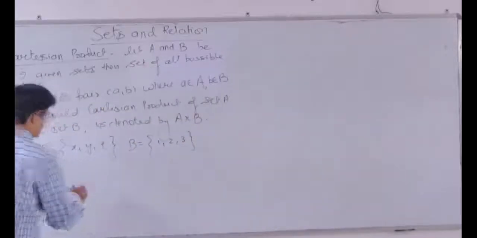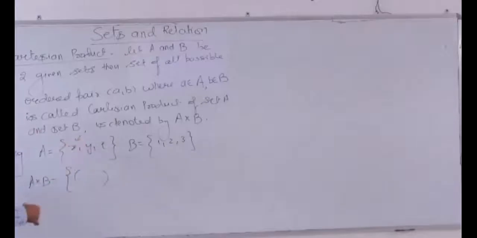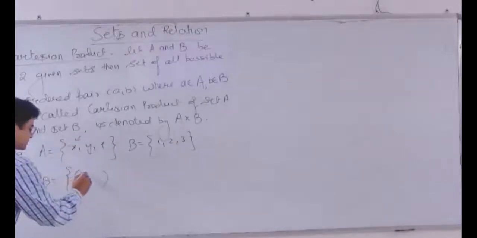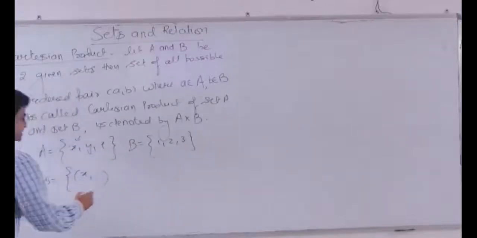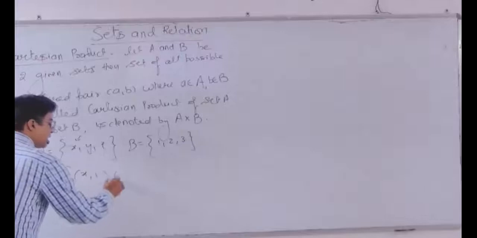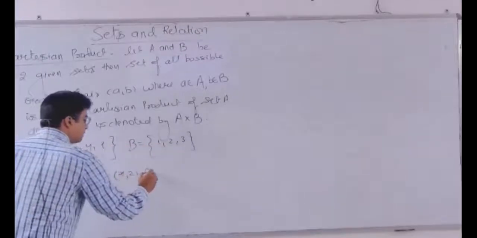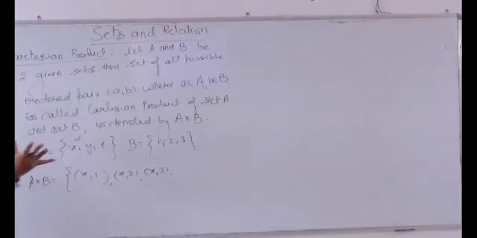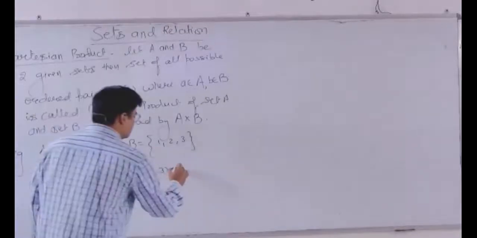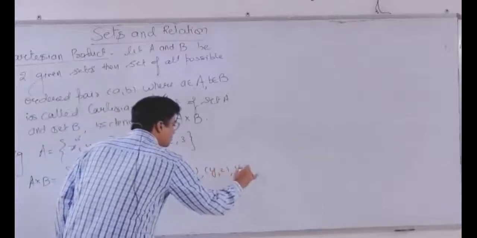So if I start writing ordered pairs, the first entry comes from set A, let's say I choose x. Then the second entry comes from set B, let's say I choose 1. Again, keeping x as it is and choosing 2. Again, keeping x and choosing 3. So these are the three elements of the Cartesian product. Similarly, I can choose y also: (y, 1), (y, 2), (y, 3).